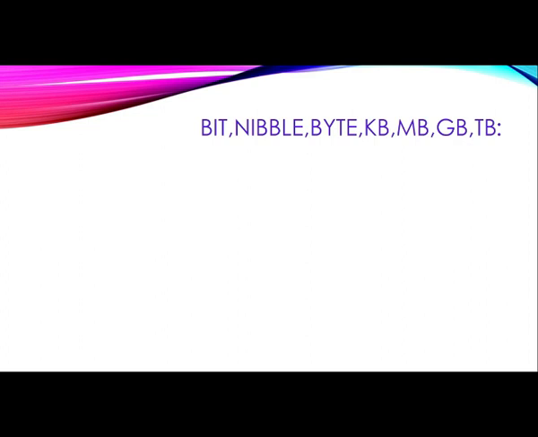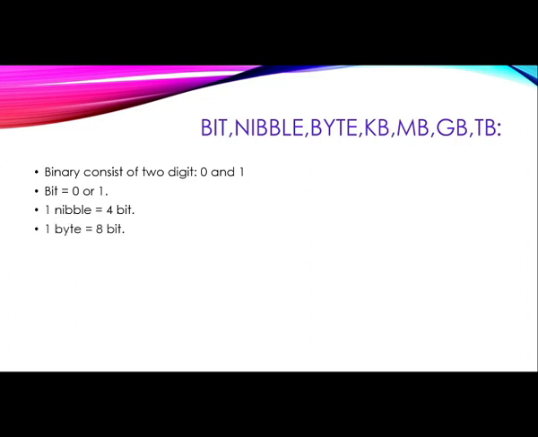First we understand what is bit, nibble, byte, KB, MB and GB. We know that the computer only understands binary language, right? Binary consists of only two digits, 0 and 1, both are numbers. So 0 or 1 is known as a bit. Very clearly understand, 0 and 1 is known as a bit.